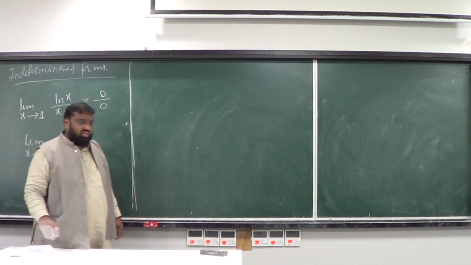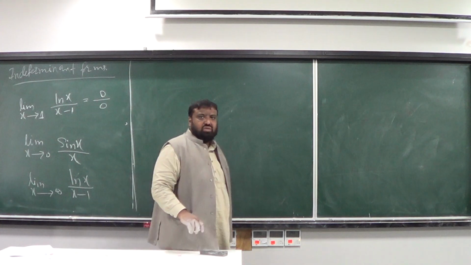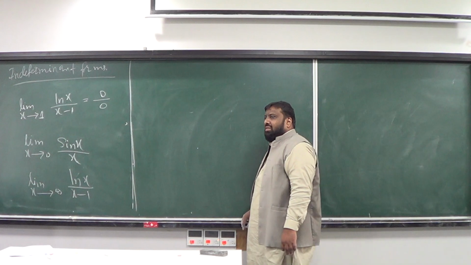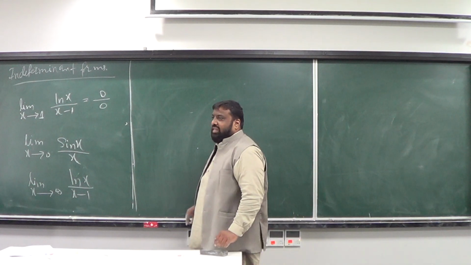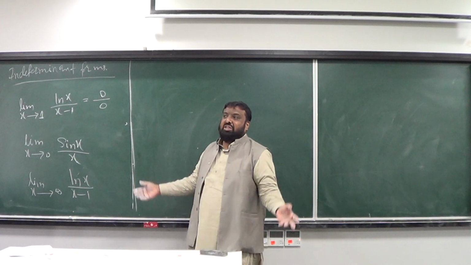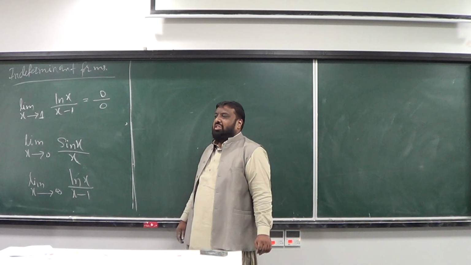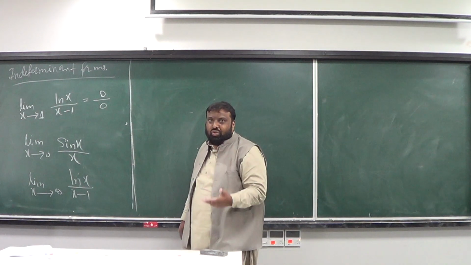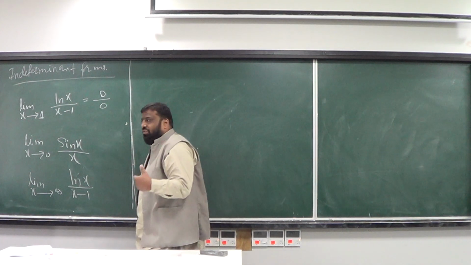So the question is, what is the meaning of 0 by 0? You have 0 things and you want to divide them into 0 things. The answer is, you can't say 1. So it's not like 2 by 2 or 3 by 3 or 4 by 4.